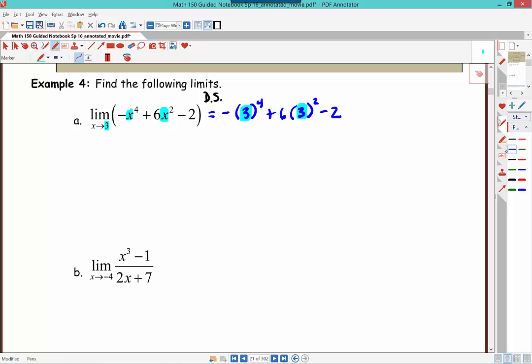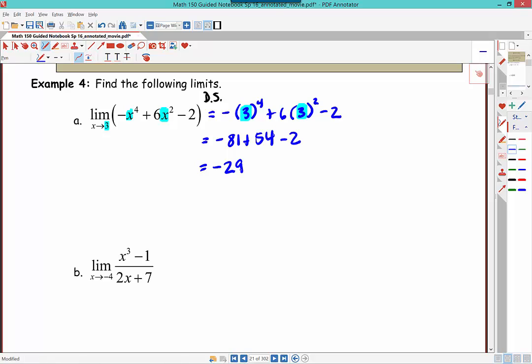Now we'll get negative 81 plus 54 minus 2. What's that going to give us? I believe we get negative 29.